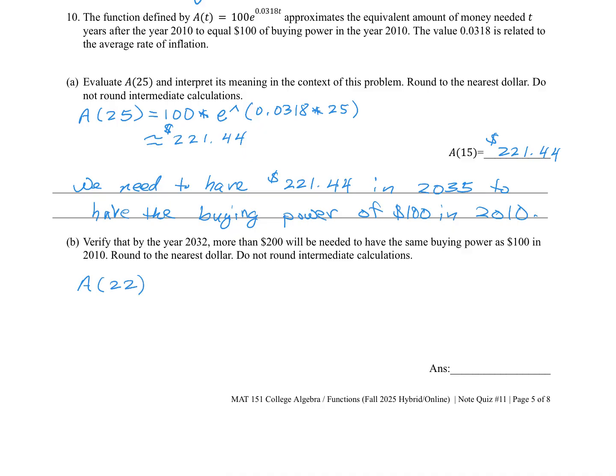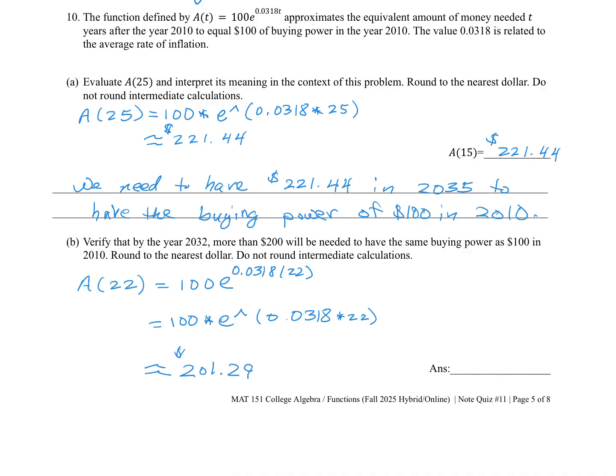And when we do that, symbolically, it is 100 times e to the 0.0318 times 22. On a calculator, that is 100 times e raised to the power 0.0318 times 22. And that works out to be approximately 201.29.